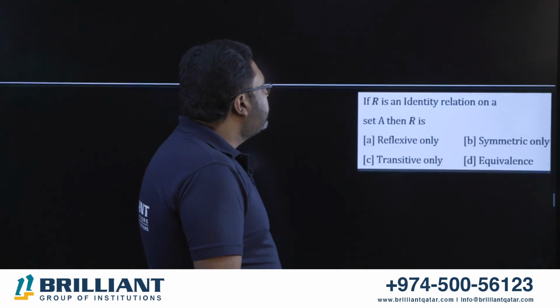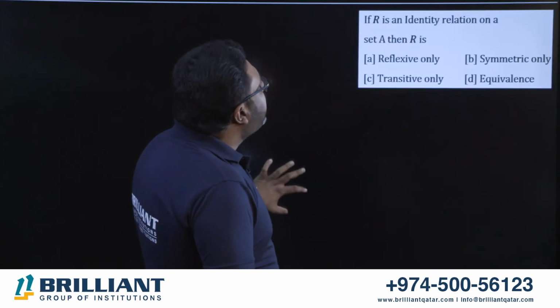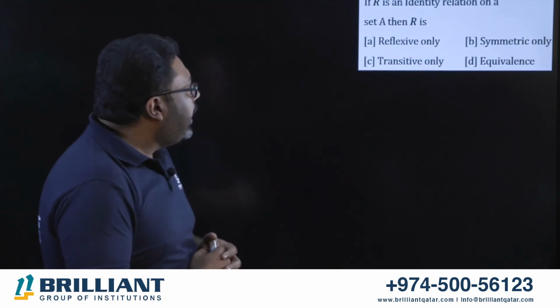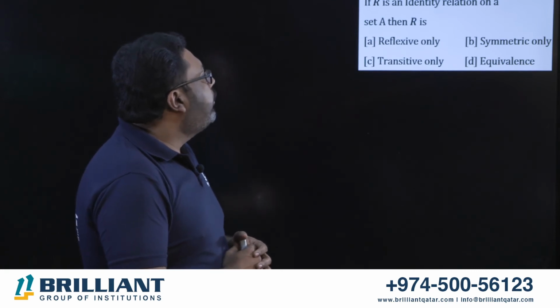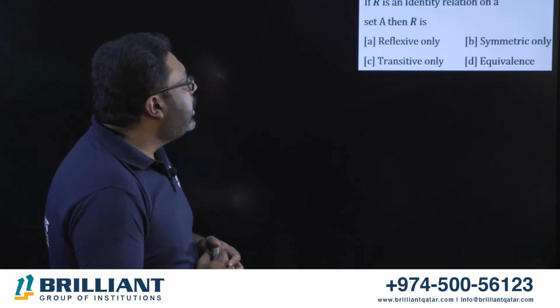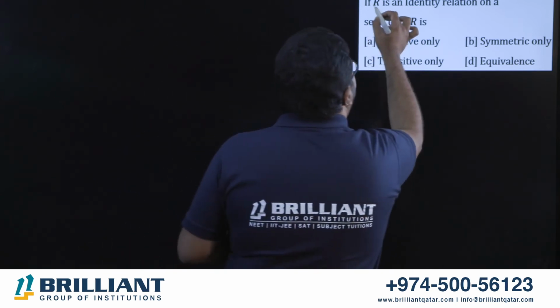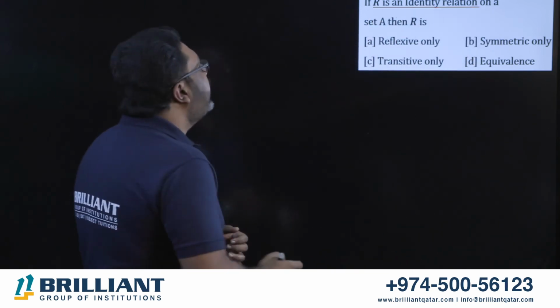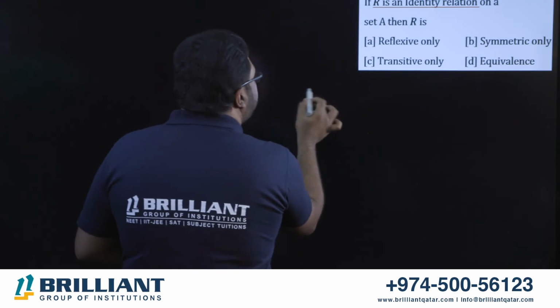Next question, please. R is an identity relation on a set A, then R is reflexive only, symmetric only, transitive only, or equivalence. What is meant by an identity relation? Very simple.